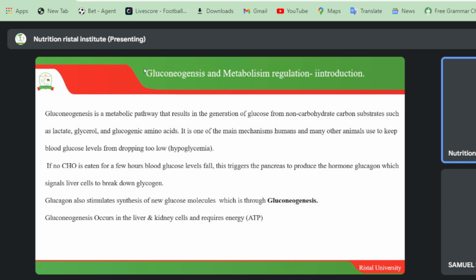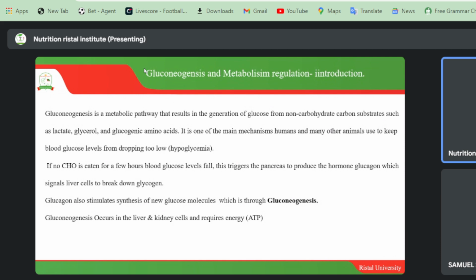So if no carbohydrate (CHO) is eaten for a few hours, blood glucose levels will definitely fall. And then this will trigger your pancreas to produce the hormone glucagon. This hormone glucagon is an antagonist to insulin, and it signals your liver cells to break down the glycogen stores.